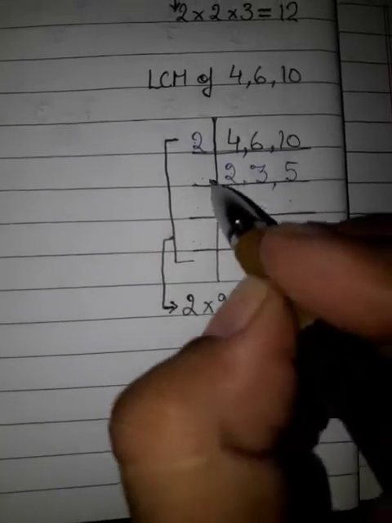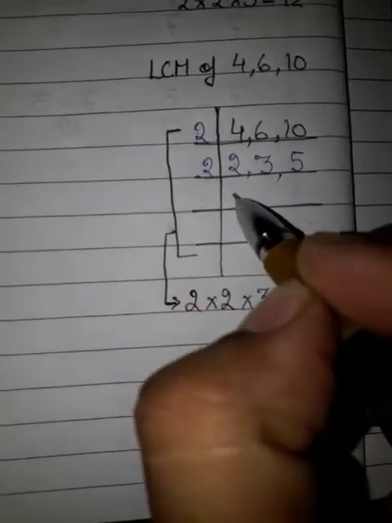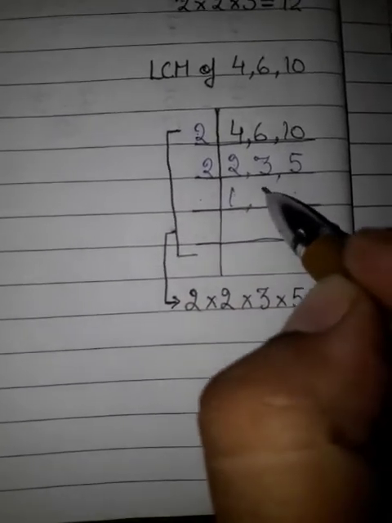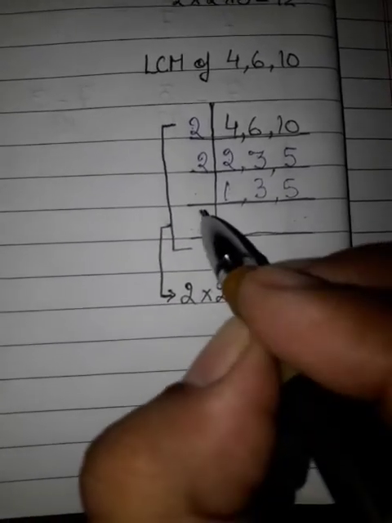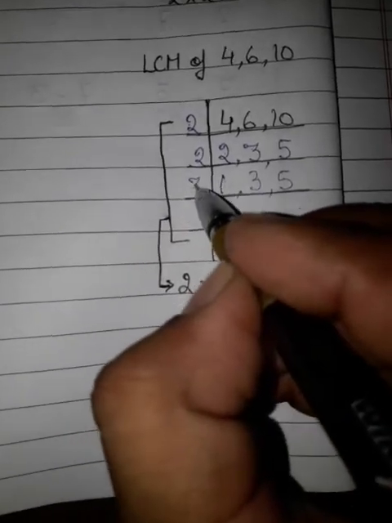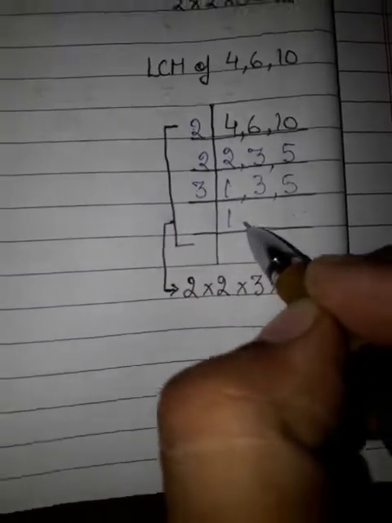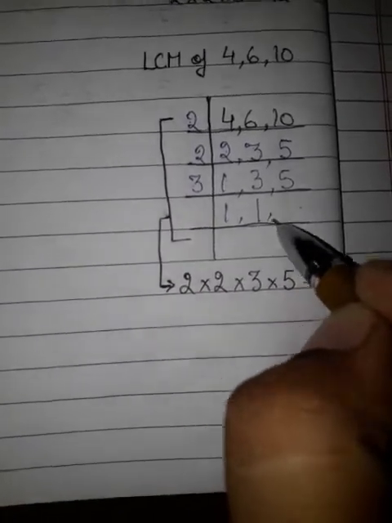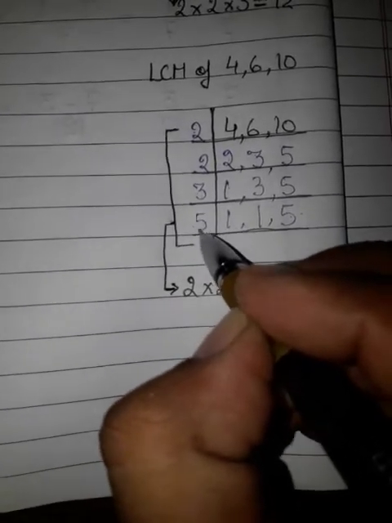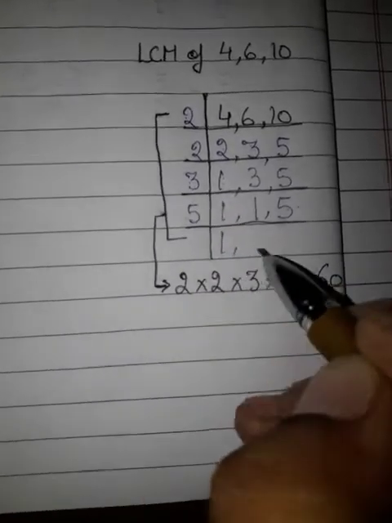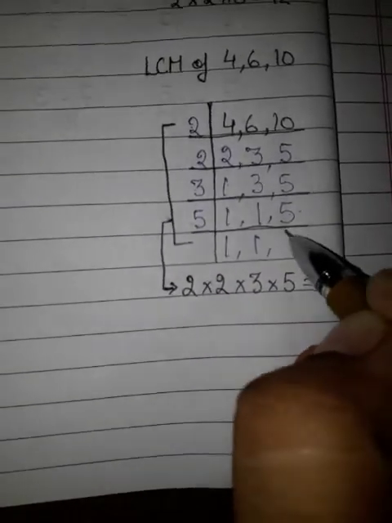Now 2, 3 and 5. So 2 1s is 2. 3 and 5 are not divisible by 2, so they will be written as it is. Then next is 3 1s as it is. 3 1s are 3, and 5 is not divisible by 3, so 5 as it is. Now 5 1s are 5.